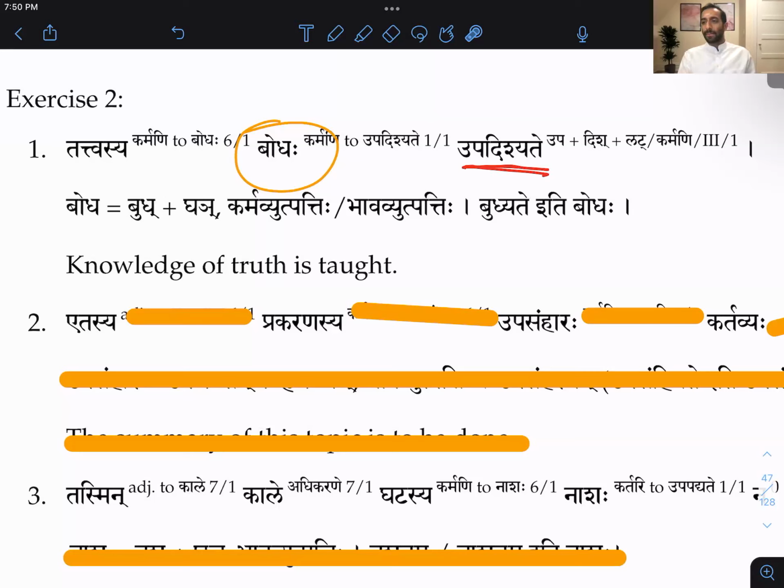So what's interesting about this is that when we're saying karma vyutpatti, or it can be any karaka but not karta, we're talking about the derivation, the vyutpatti, is going to take that context. Okay.